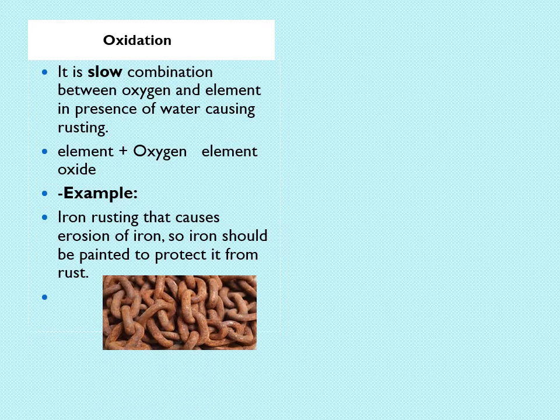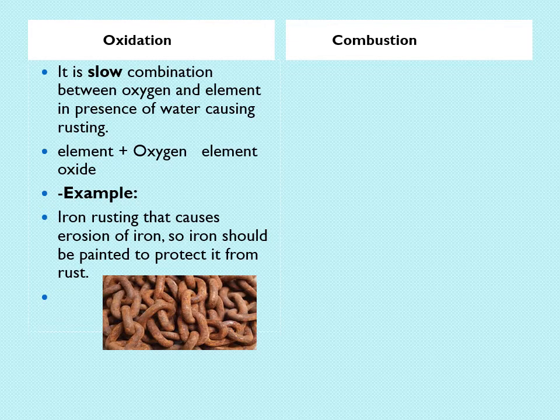So iron should be painted to protect it from rust. If you wet some nails with water and leave them for 2 or 3 days, you will find that they form rust. This is called oxidation. Oxidation is a slow combination because it takes some time.